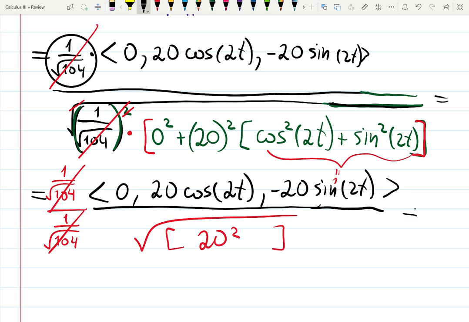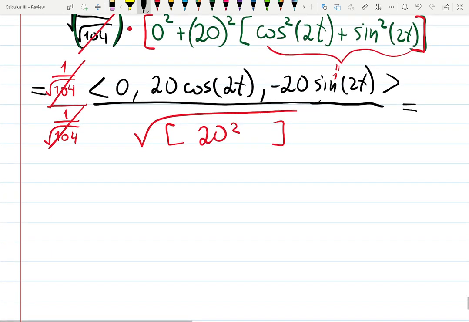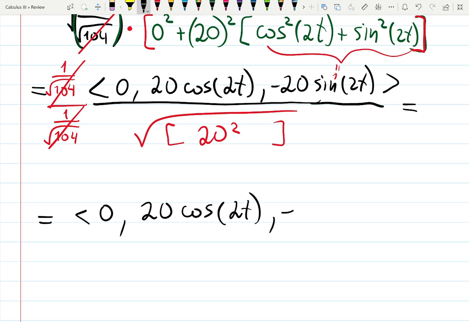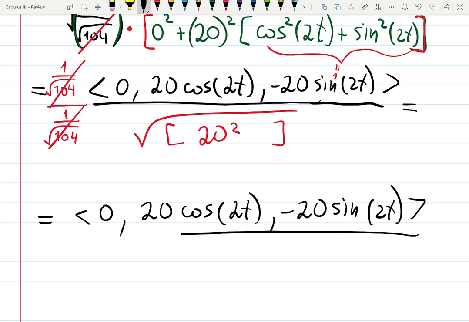So after all, it became a vector 0, 20 cosine of 2t, minus 20 sine of 2t, divided by the magnitude, which is just 20. So actually these get cancelled out.